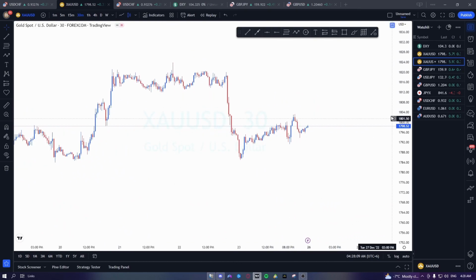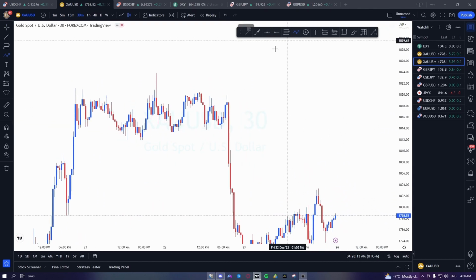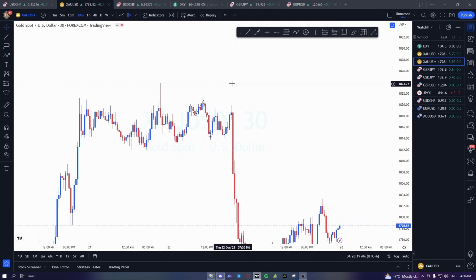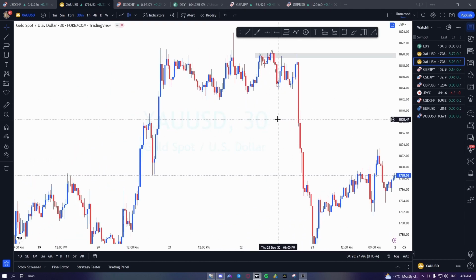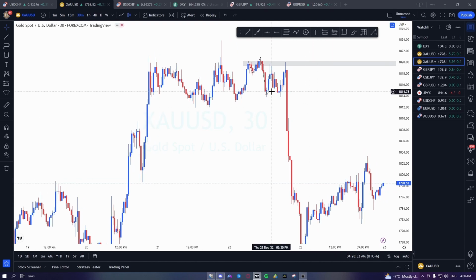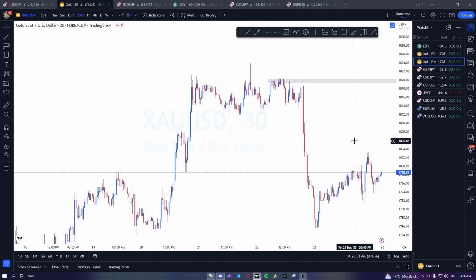Here on gold, for example, we have a perfect QM level: high, low, higher high, then lower low. Entry on the QM level, perfectly wicked it out, coming down. Don't think that it's this easy. Of course, I'll be making more in-depth videos to get more confirmation on the QM level.